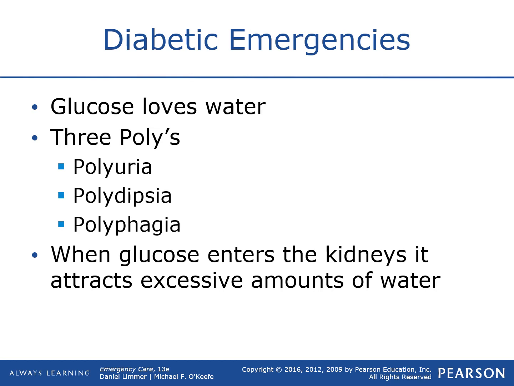It's going to trigger your brain saying, oh, we're not getting enough glucose. We need to mitigate that. We need to get more glucose into our body. Primary way of doing that is by eating. So you're going to have a compounding effect because not only do you have high blood sugar levels to start with, you're also going to want to put more blood sugar into your body, which still can't be used. So those are three classic signs of hyperglycemia: polyuria, polydipsia, and polyphagia.